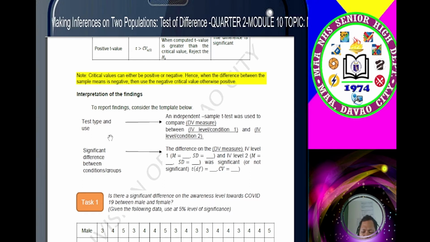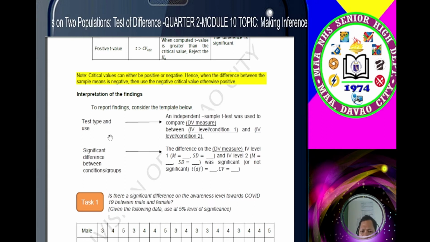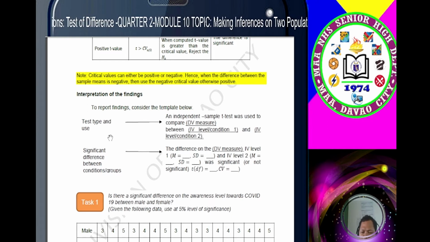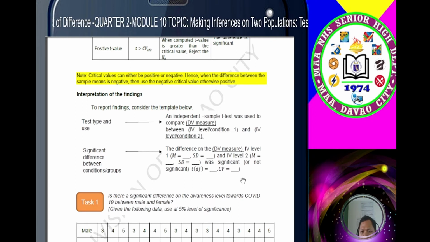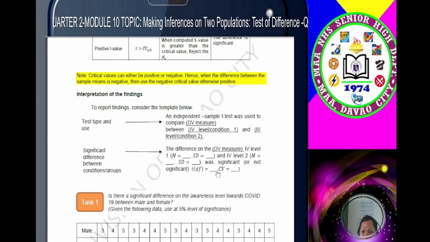So you need to write the mean and SD for each IV level. Then what's the result, significant or not? Then you write the t-value and degrees of freedom here, and the critical value.